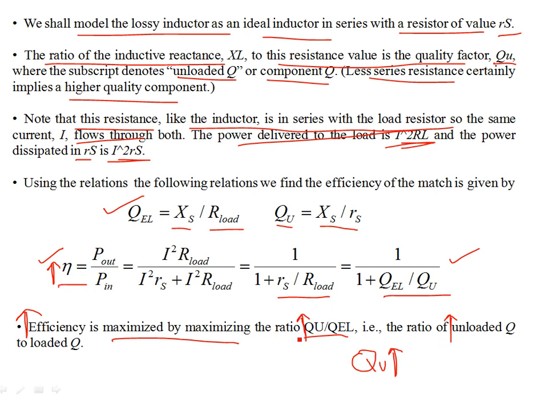So if you have to increase the ratio QU by QL, that is the ratio of the unloaded Q to the loaded Q, you cannot do anything for the load. Load is fixed.